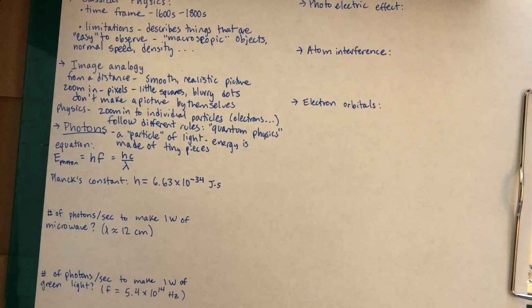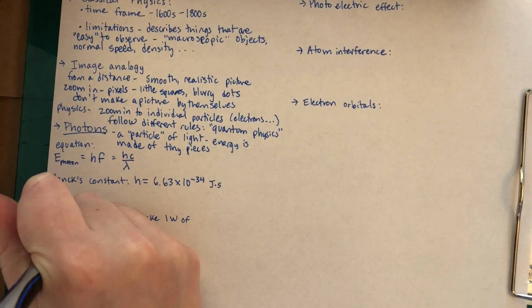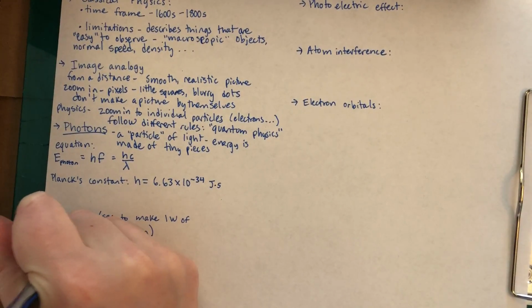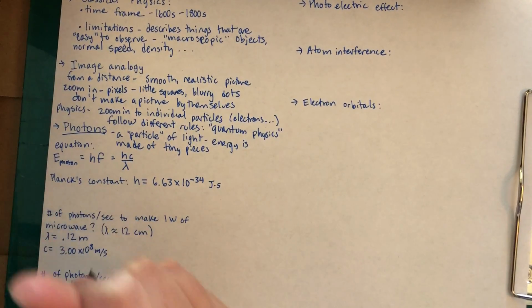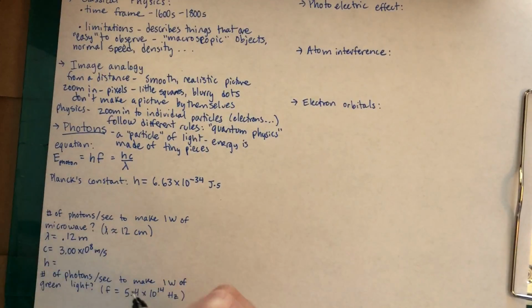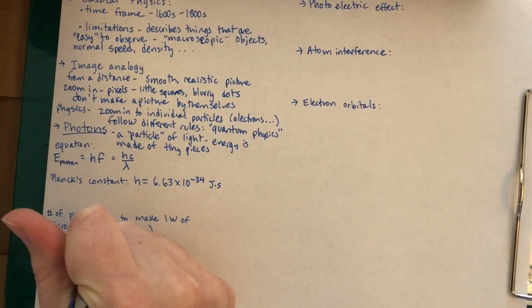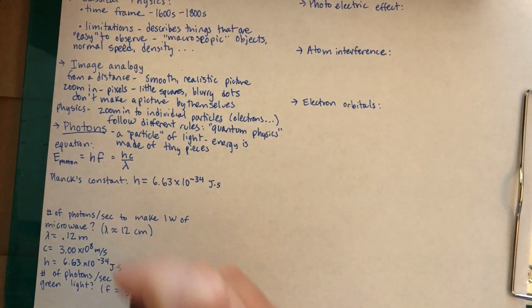Let's figure out how many joules of energy a photon with a wavelength of 12 centimeters would be. So that means lambda is 0.12 meters. C is 3 times 10 to the 8th meters per second. H is 6.63 times 10 to the negative 34 joule seconds.